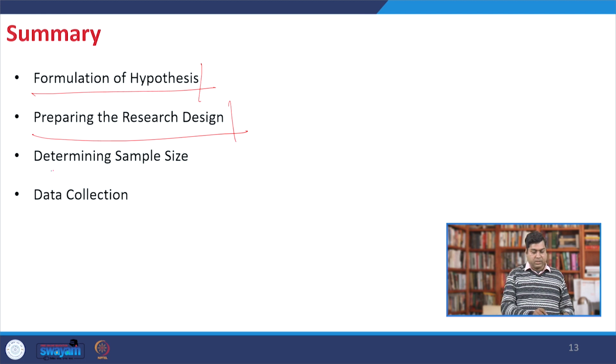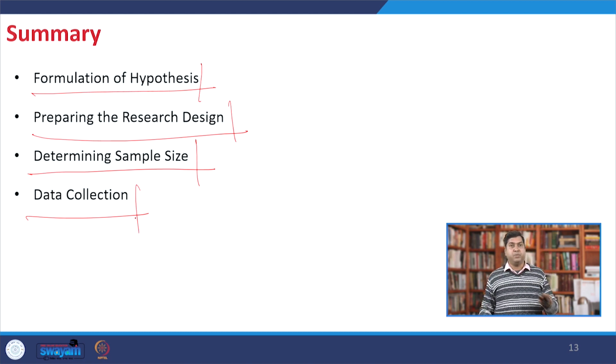We discussed the sample size and its importance, why we require a sample, how a sample can help us do our research and represent the population in general, and also discussed very briefly the data collection. I was brief on all these aspects in this slide because for each of them, like sample size, data collection and hypothesis, we will have a detailed discussion, so that the doubts you may have now will not be there afterwards.